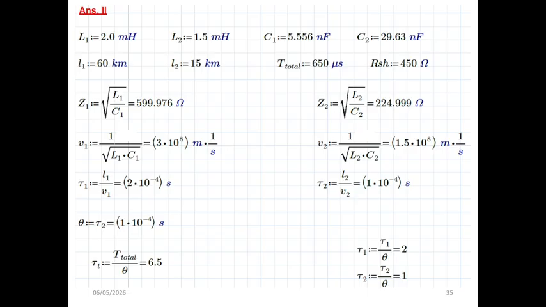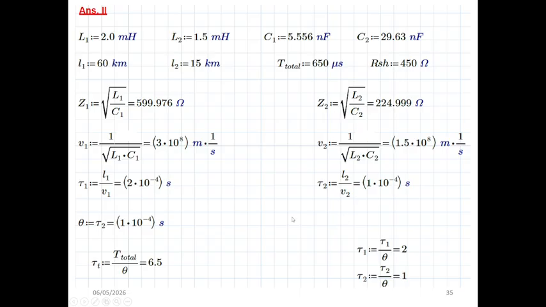Using these velocities and the physical lengths of the lines, the travel times can be calculated easily. So the travel time for line 1 is equal to 200 microseconds, and for line 2 it is equal to 100 microseconds.